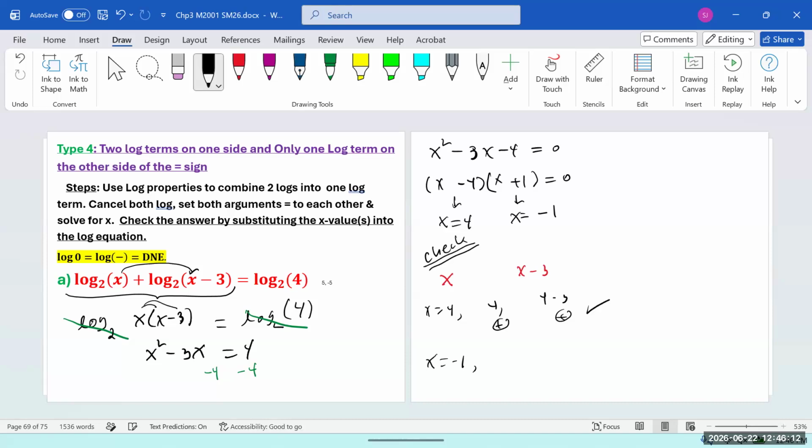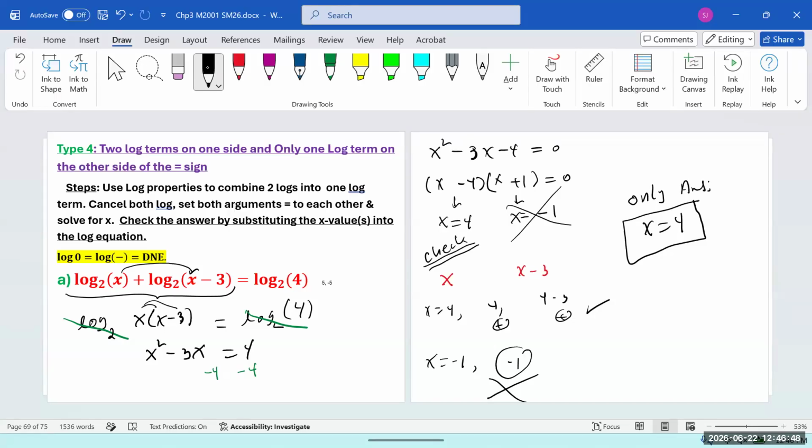When x is minus 1, the first one is minus 1, so automatically we cannot accept the negative 1. So the only answer we accept is x equals 4. Some questions you accept all the solutions. Some questions you cannot accept anything. So you have to always check. It may have one solution, two solutions, or no solution.